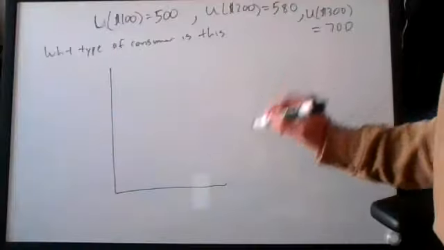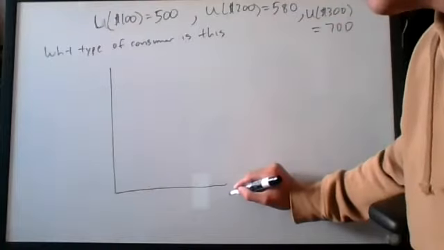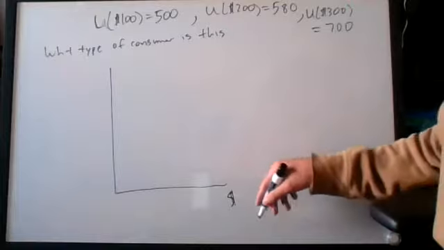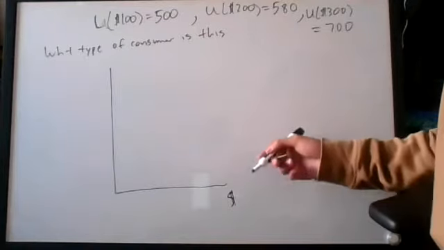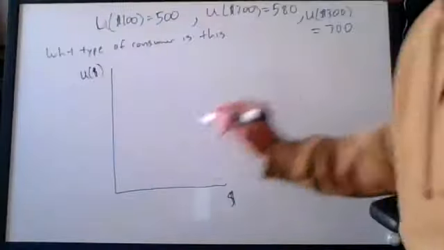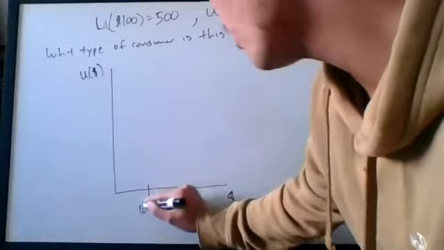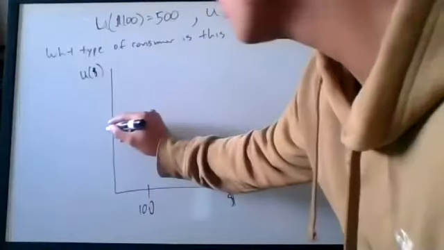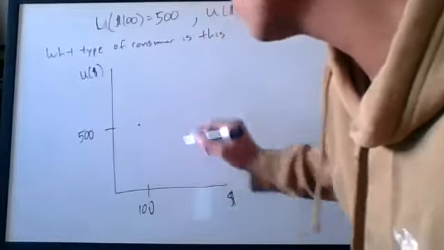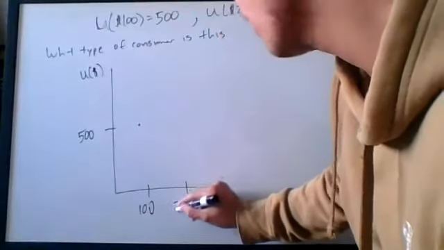So we have dollars right here on the axis. This is going to be wealth, and this is your utility from wealth. We have that $100 of wealth produces 500 utility, and I want to make sure that I graph this pretty accurately to scale.